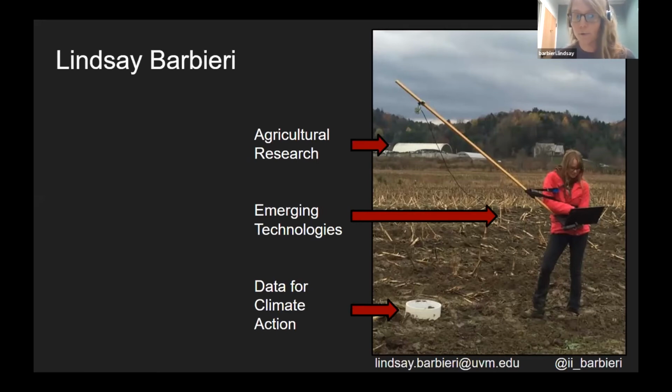My own work is looking at agricultural research, particularly assessing different field management practices using emerging technologies, primarily drones and small sensors, but other technologies as well. All to collect data and think about data that's relevant for climate action, and particularly climate mitigation is where I focus most of my work.